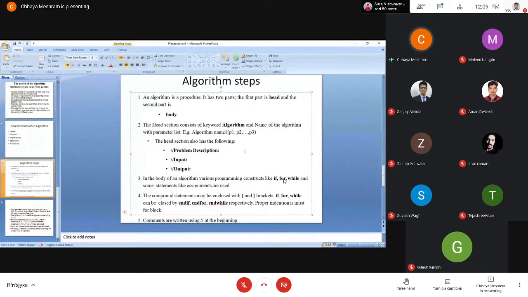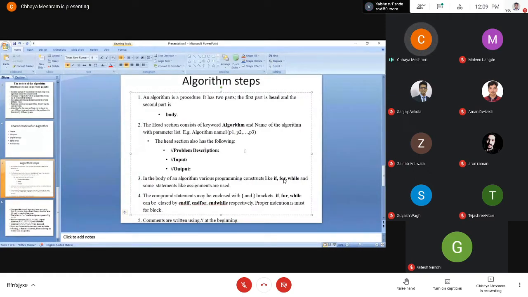Problem description means what your problem is; for example, for addition of two numbers, the problem description is that the algorithm is for the addition of two numbers. We can specify here what the input and the output are.